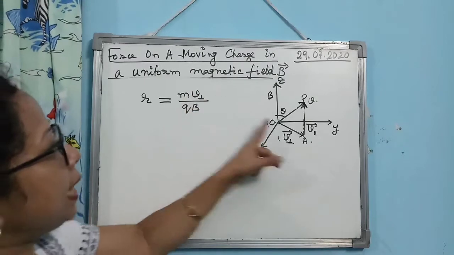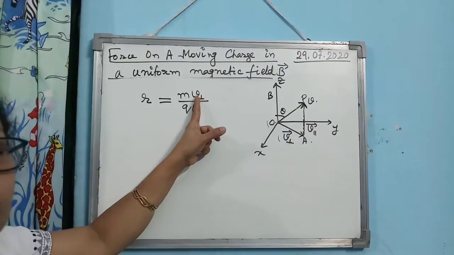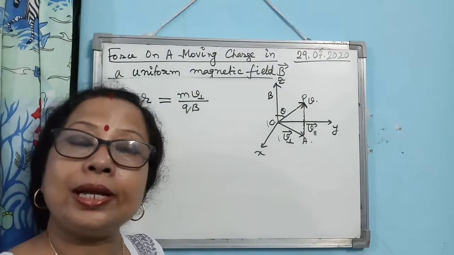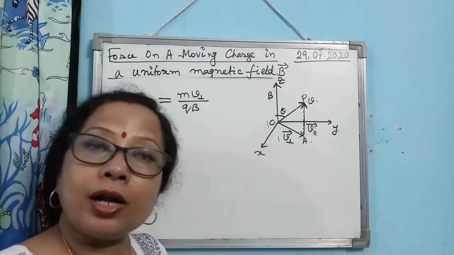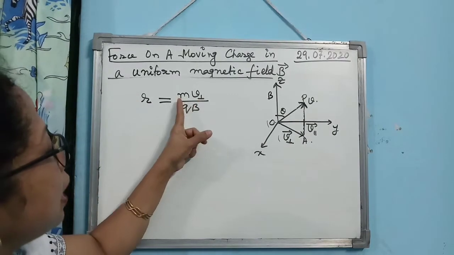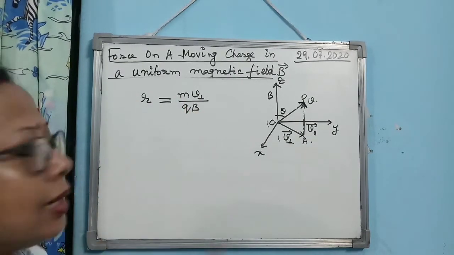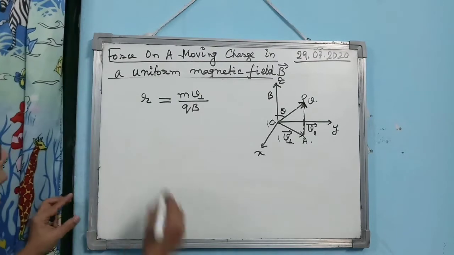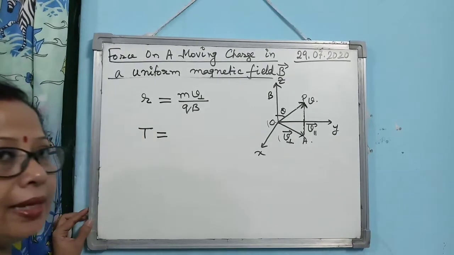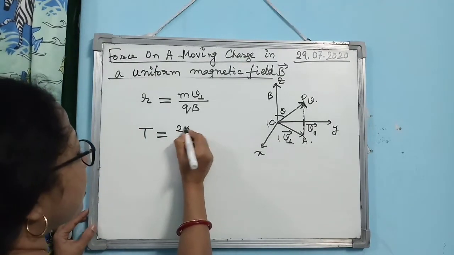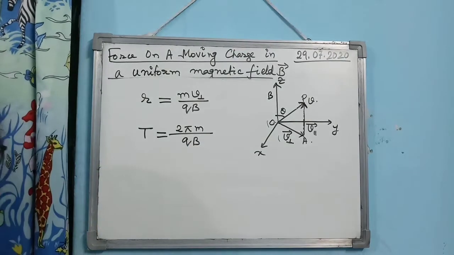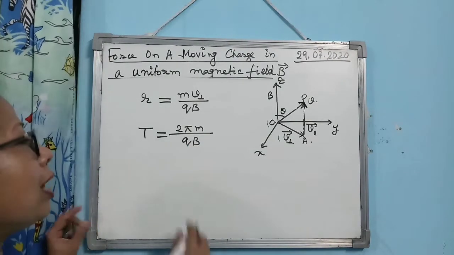Remember, you don't have to take the entire V, because only the perpendicular component is responsible for the motion on a circular path. So the radius is m V perpendicular divided by qB. And the time period for one complete revolution is given by 2 pi m divided by qB. I hope you remember, we did it a few minutes back.